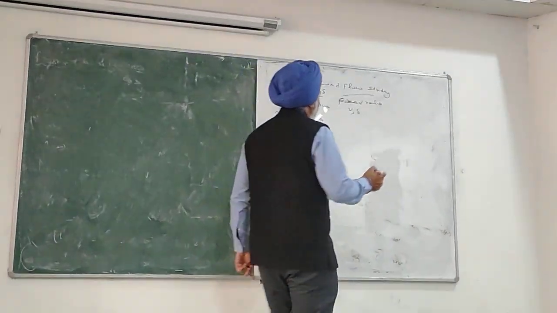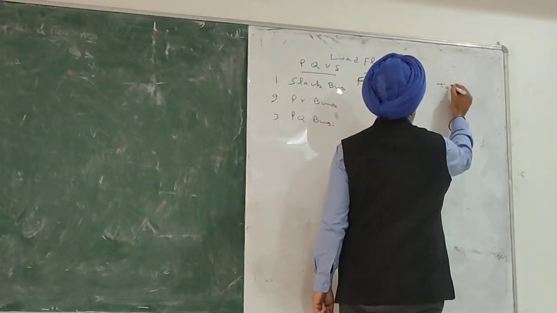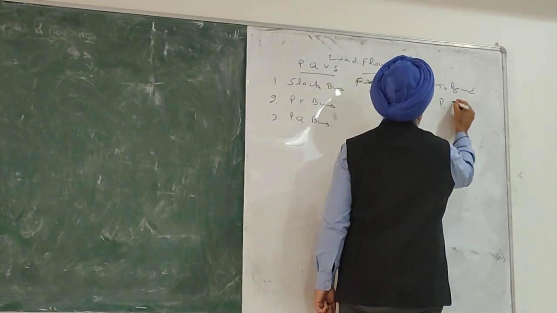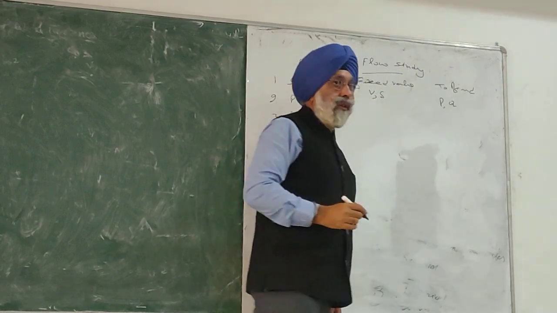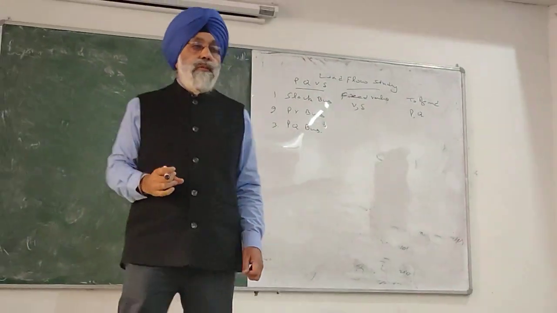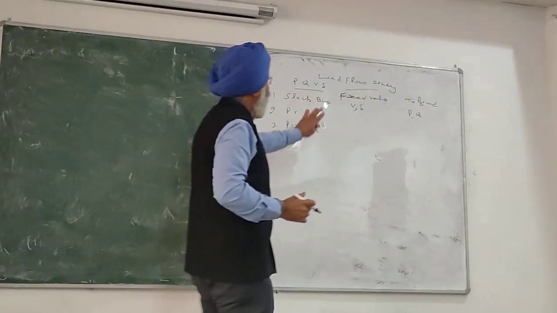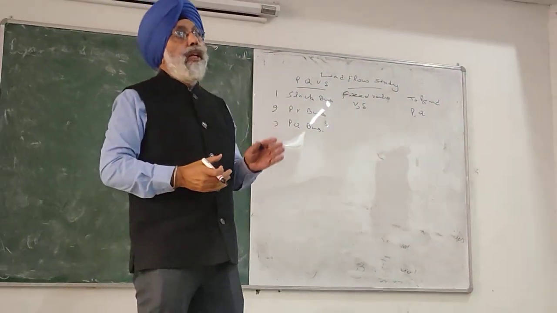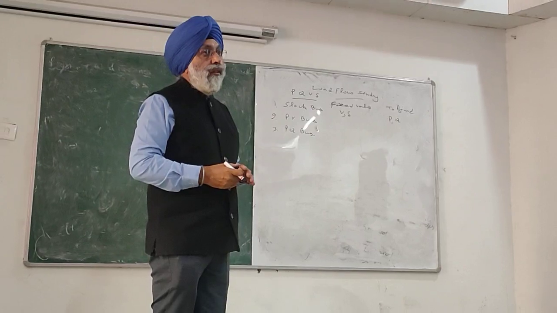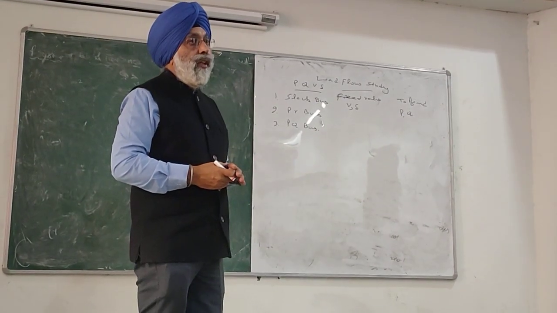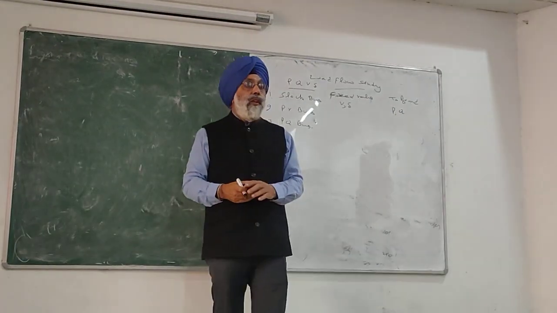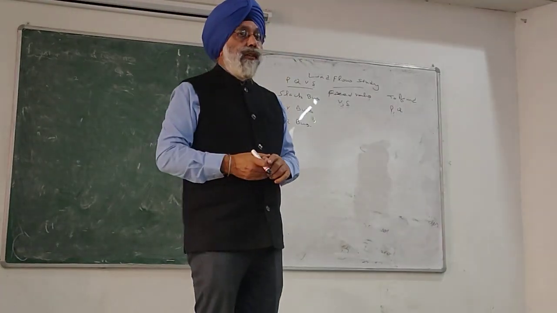That is, we have to find P and Q. So V and delta at the slack bus are fixed, and P and Q are variable at that bus. And we find the P and Q at the slack bus using the load flow techniques.